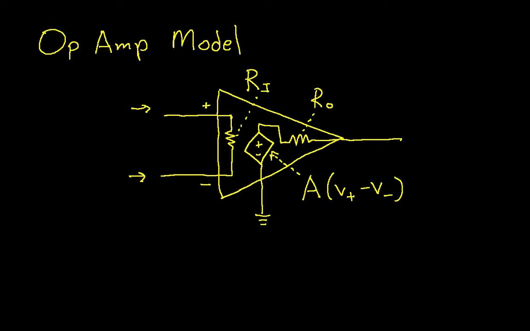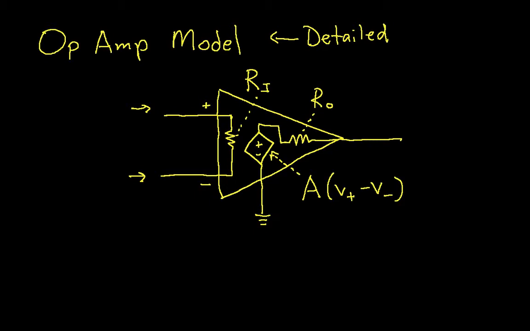That brings up the question then, how do we do the analysis? It turns out that this model that we have here is sometimes called the detailed model, which is a misnomer because this is actually a very simple model if you look at what actually is involved in putting together an op-amp.